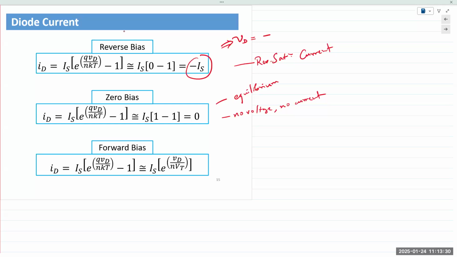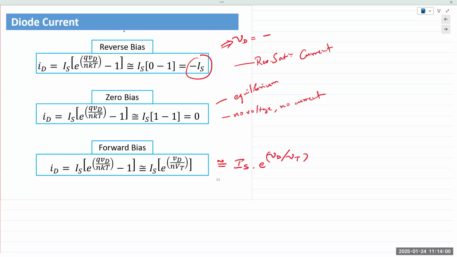The diode current would be an exponential function of the diode voltage. This also reduces, and we are making approximations here, to IS times e raised to VD over the thermal voltage VT.